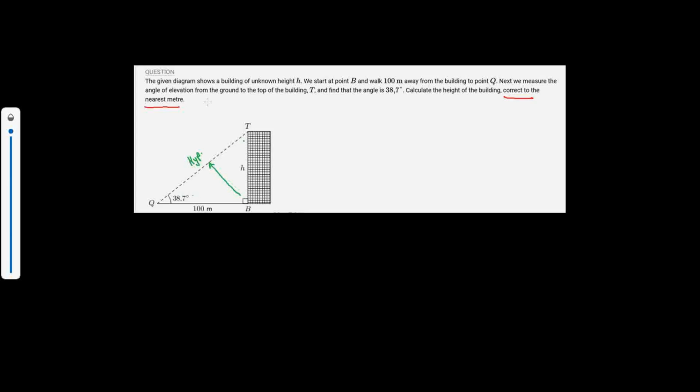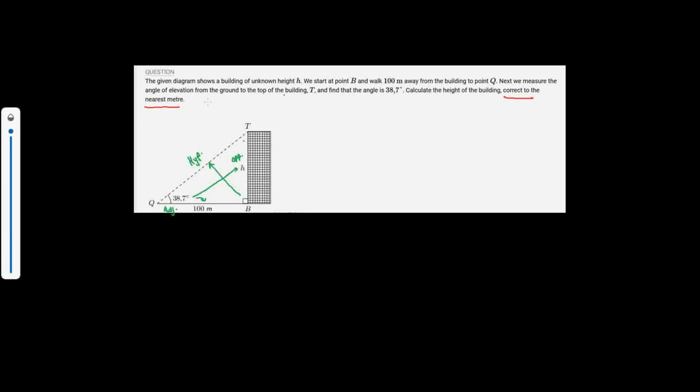The side of this right angle triangle that is opposite to 38.7 degrees is h. So that is the opposite side. We need to find the opposite side, so we need a trig ratio that involves opposite. And lastly, the side that's closest or next to 38.7 degrees is the adjacent side. Now what we're going to do is ask ourselves, which trig ratio involves opposite?